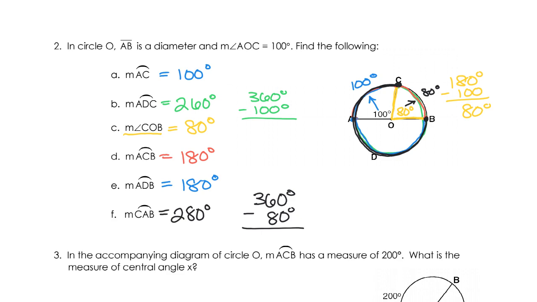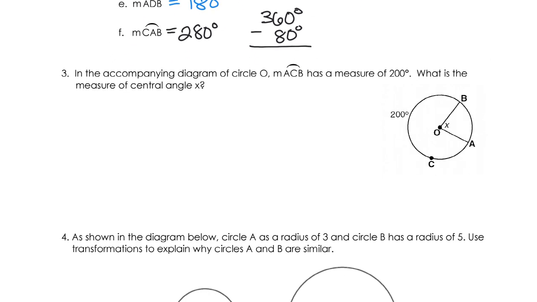All right, let's go ahead and take a look at number 3. In the accompanying diagram of circle O, the measure of arc ACB, so from A in the direction of C all the way around to B, they're saying that that arc has a measure of 200 degrees.